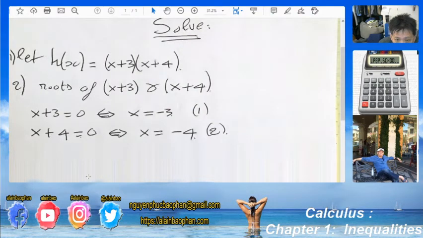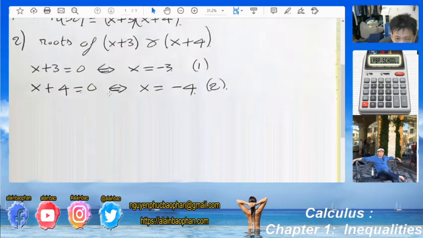If you put minus 3 here, draw the straight line. If you put minus 3, on the left hand side it's minus infinity, on the right hand side it's plus infinity, right? So from minus 3 to plus infinity, that's when x plus 3 is greater than 0, and on the left hand side of minus 3, that's when x plus 3 is less than 0, and when x equal minus 3, that means x plus 3 equal 0.